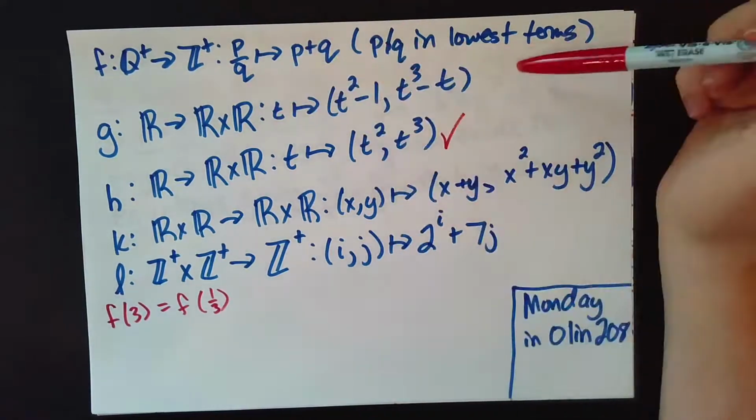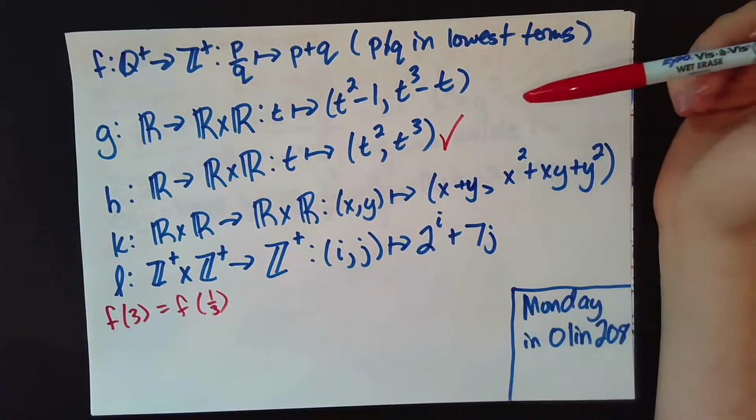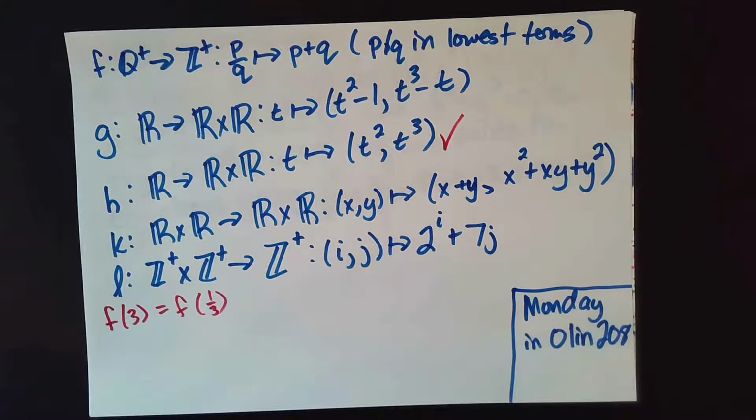How about for G? What are two things that map to the same place for G? One and minus one, right.